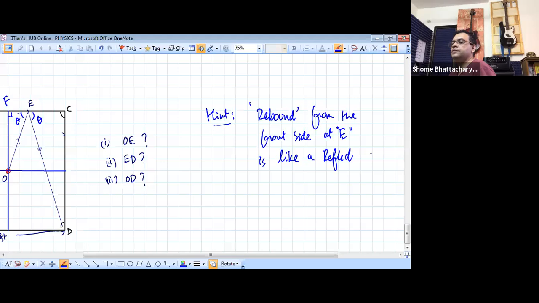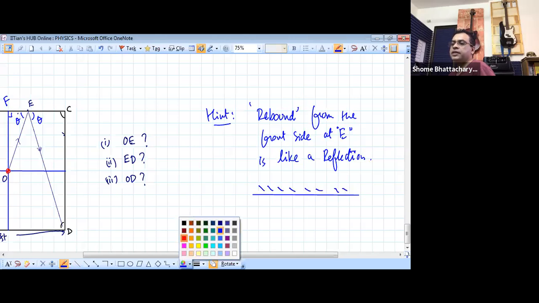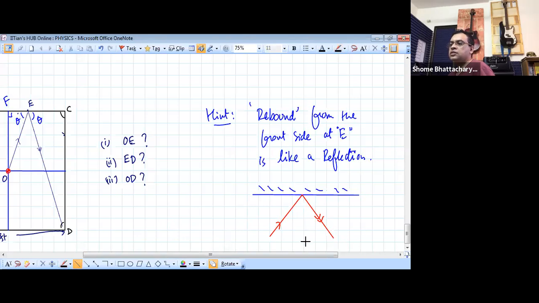It is होता है. So it is when a beam of light reflects off a plane mirror. All of you are familiar with this basic concept, that angle of incidence is equal to angle of reflection. So if something is incident like this and reflects off like this, this is called the normal at that point.